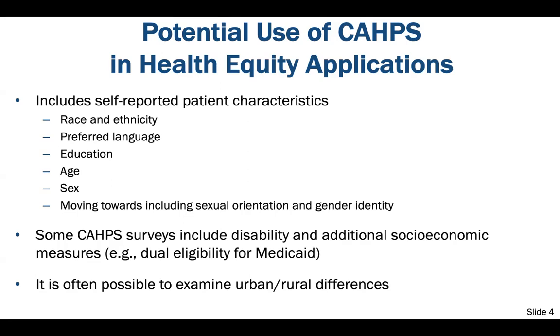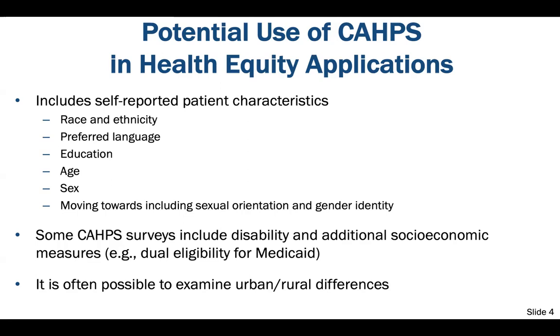Some of these variables are gathered from administrative records, depending on the CMS implementation. Others you directly ask the patients, but it's pretty common to ask race and ethnicity, preferred language, education, age, currently sex, but there's a rapid movement towards measuring sexual orientation and gender identity.